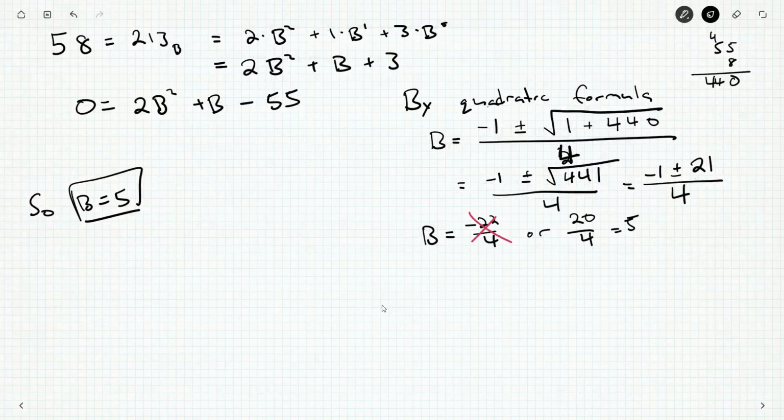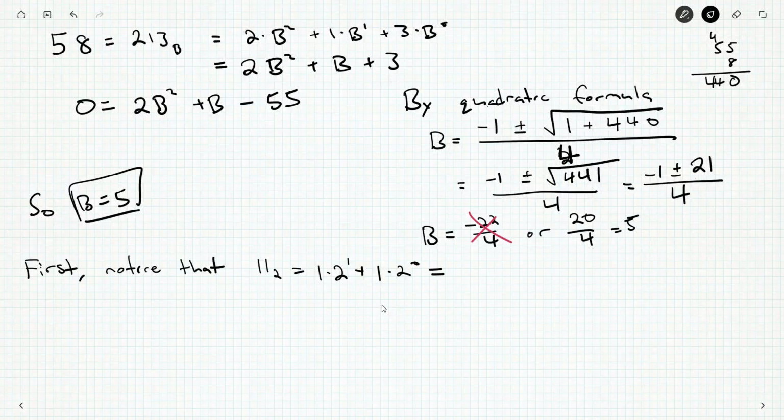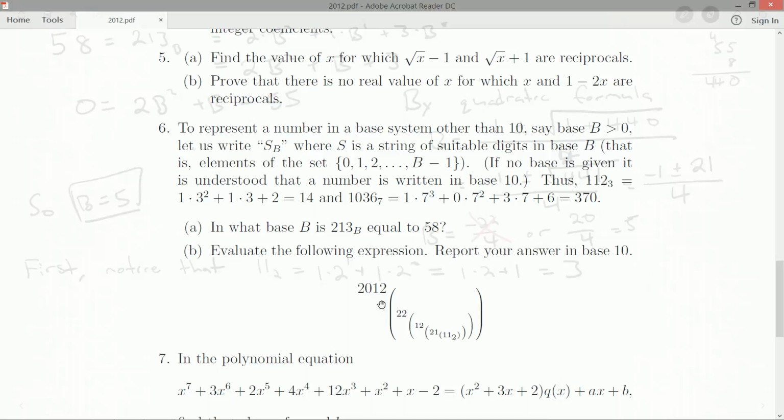So, first, notice that 11 base 2, well, that's just 1 times 2 to the 1 plus 1 times 2 to the 0. That's just 1 times 2 plus 1. That's just going to be 3. Okay, so we've got 3 down there.